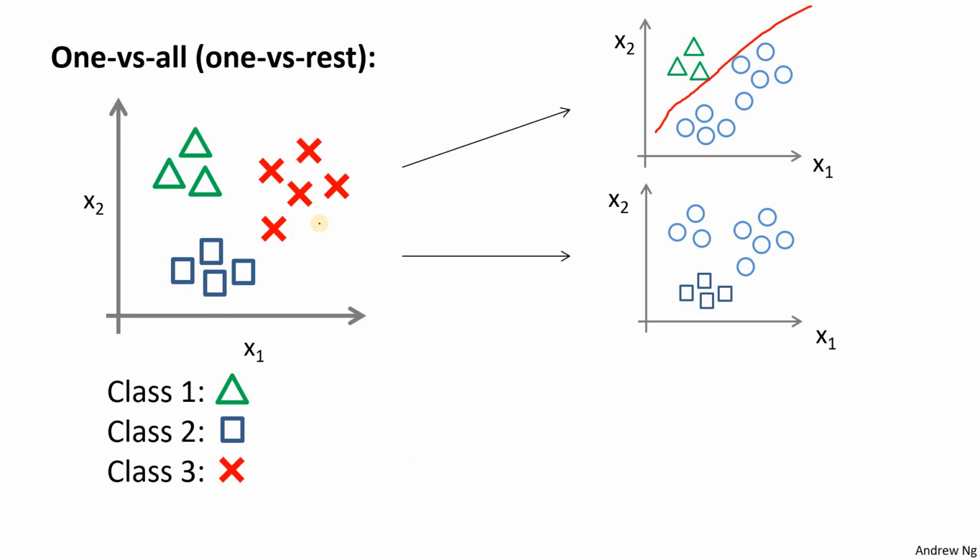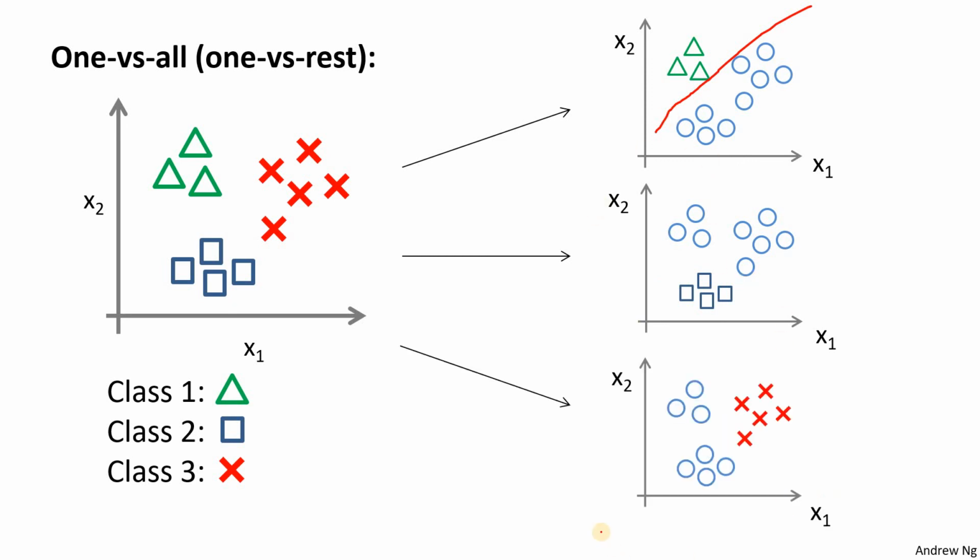I have three classes in one problem, and I can divide it into three different parts, each a separate binary classification. The third one is the red cross, and the other side is not a red cross. So basically I divide it into three separate binary classification problems.